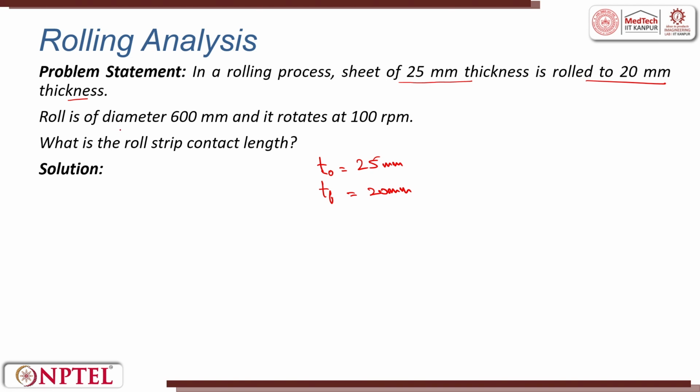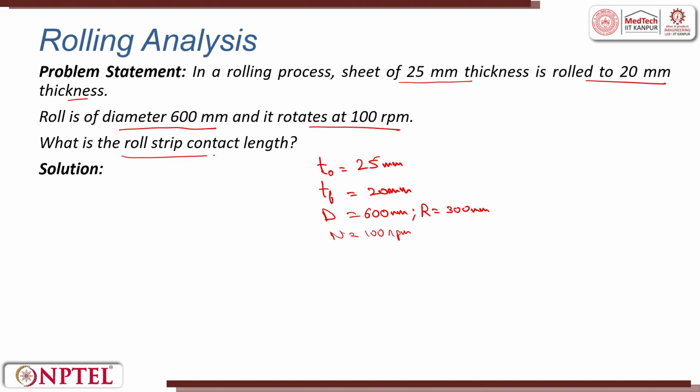We have been given the roll diameter as 600 millimeters, which means D is equal to 600 millimeters, so R is 300 millimeters, the roll radius. The speed of the rolls is given in RPM, n is equal to 100 rotations per minute.